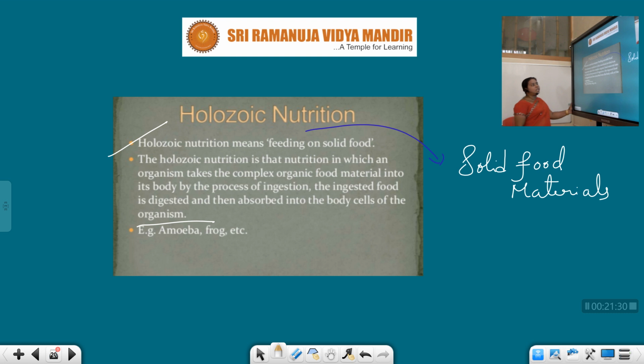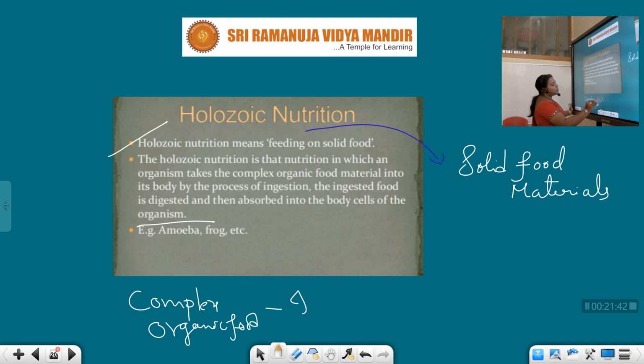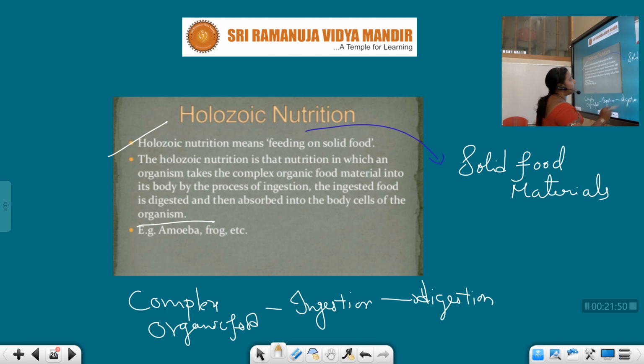First of all, in holozoic nutrition, they take complex organic food by the ingestion process, then it undergoes proper digestion. I will explain what we mean by digestion. So this particular mode of nutrition, students, is holozoic nutrition.